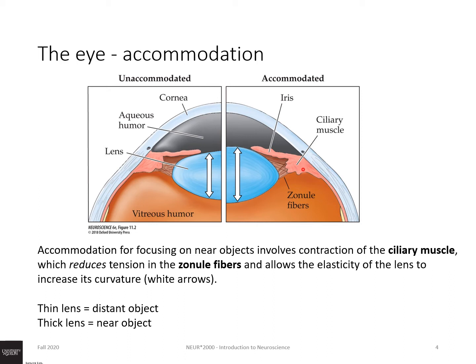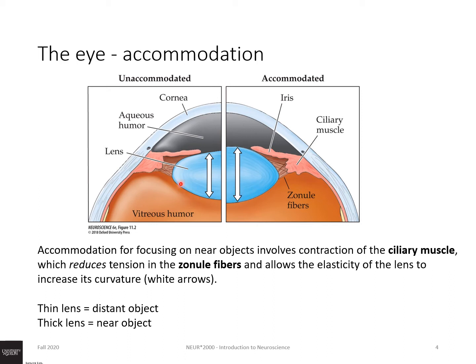That contraction of the ciliary muscle reduces tension on the zonular fibers, and that allows the elasticity of the lens to increase its curvature. So if you tighten up this muscle, these fibers become more slack and the lens can bounce back to a rounder shape.